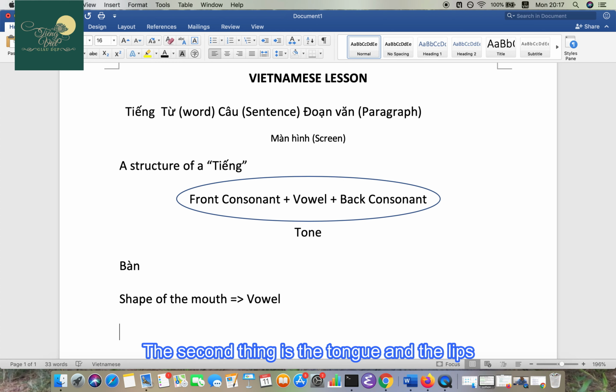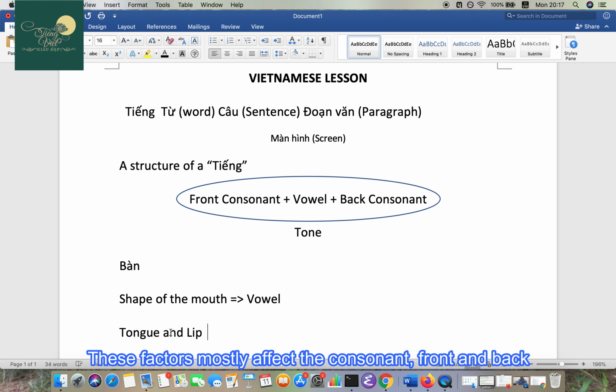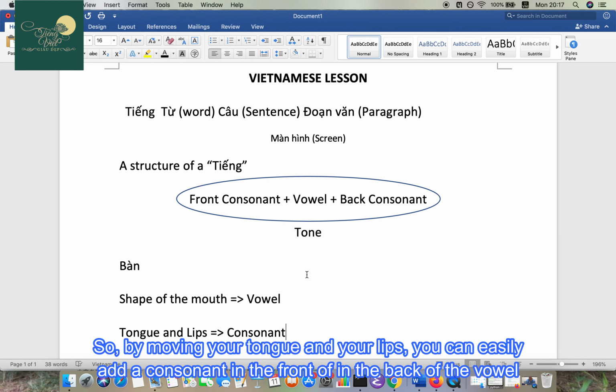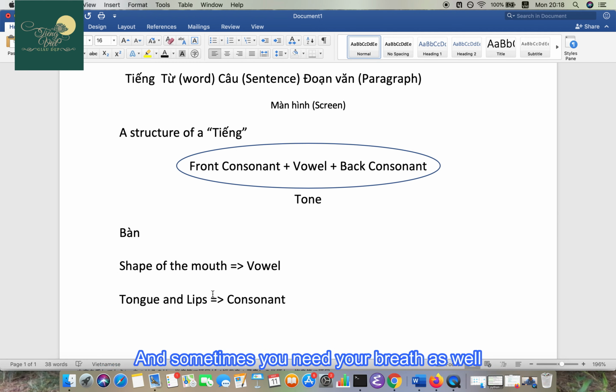The second thing is the tongue and the lips. These factors mostly affect the consonants, front and back. So, by moving your tongue and your lips, you can easily add a consonant in the front or in the back of the vowel. And sometimes you need your breath as well.